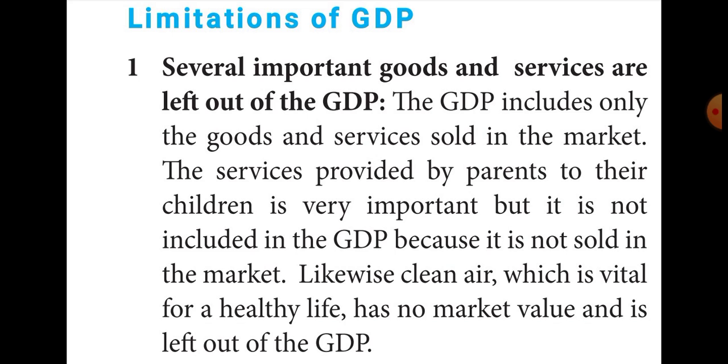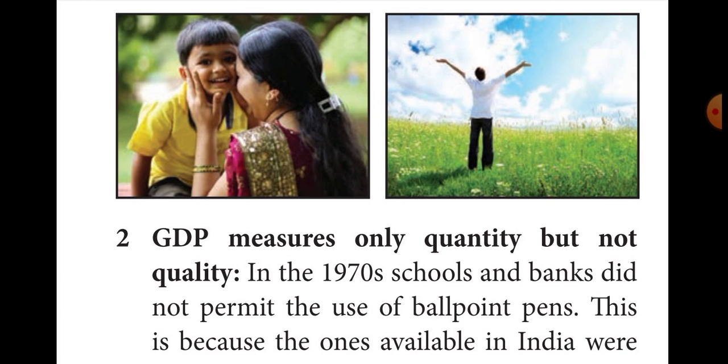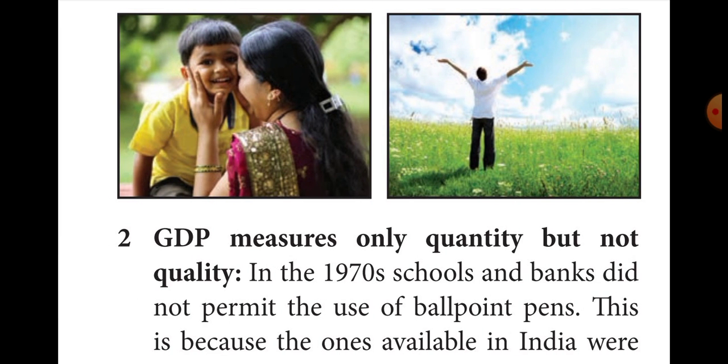Okay. Then the second one is GDP measures only quantity but not quality. For example, in the year 1970, the schools and banks did not permit the use of ballpoint pens.